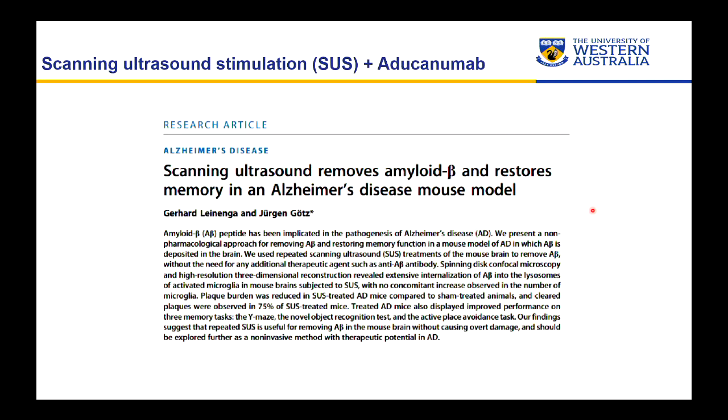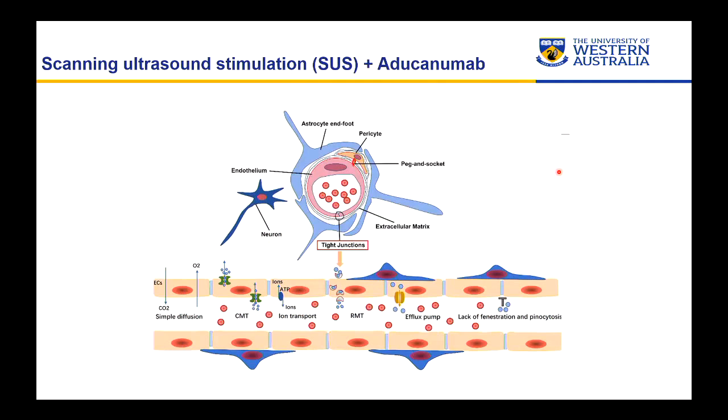And lastly, I just wanted to touch on a non-pharmacological treatment, but one that can be paired with a pharmacological treatment, and that is using ultrasound stimulation in combination with other drugs like this antibody to improve the effects. We talked about the blood-brain barrier before.